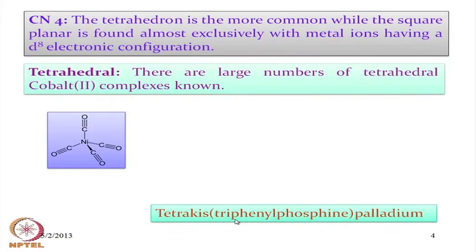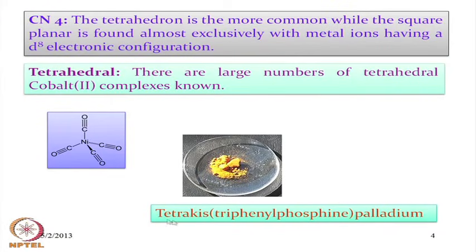Then another example of the corresponding compound is tetrakis triphenylphosphine palladium. Like surrounding the nickel center by 4 carbon monoxide molecules, we get the tetracarbonyl nickel. Similarly, one bulky phosphine ligand we are introducing here.